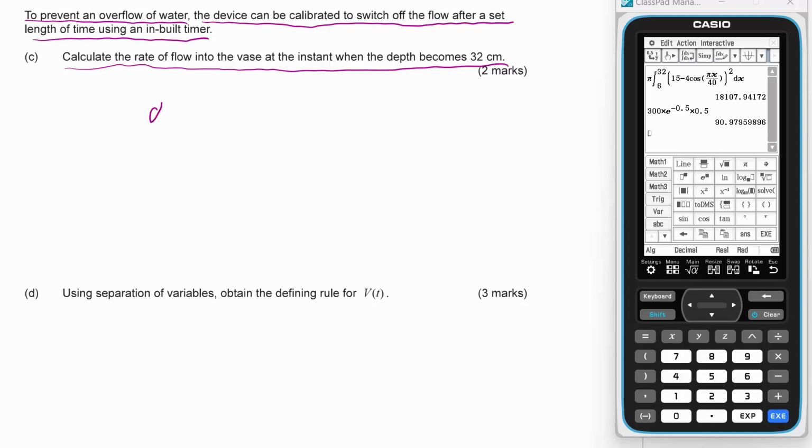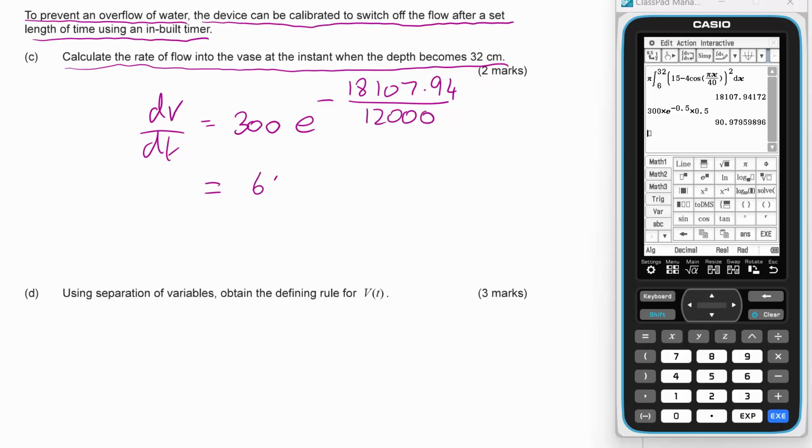So that means we're after dV/dt, but that's 300 e to the negative V over 12,000. Well, V, when it's full, is our answer to the first part of the question, 18,107.94. So we can calculate this, and it gives us 66.34.